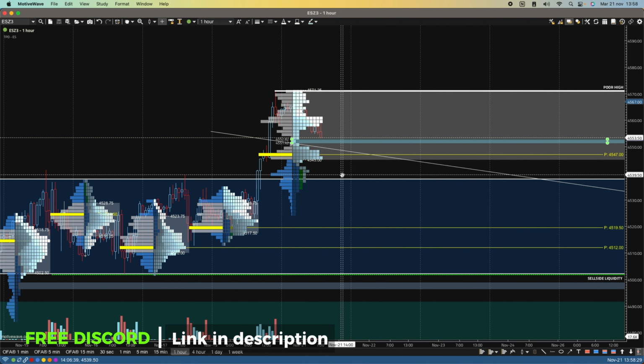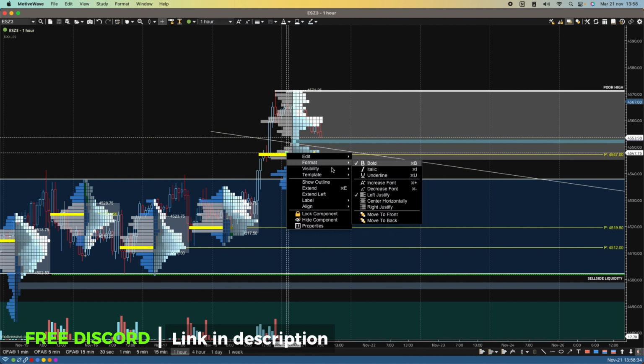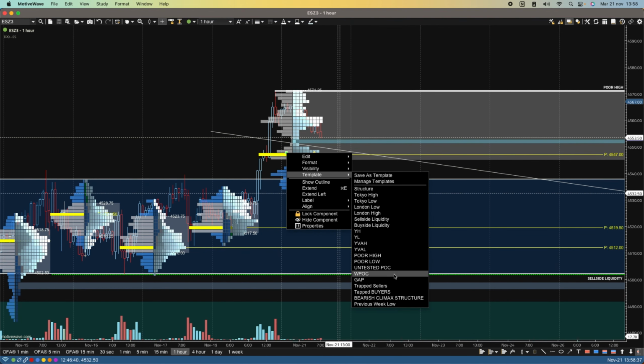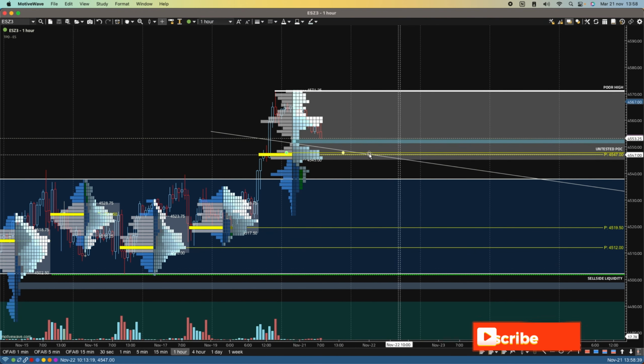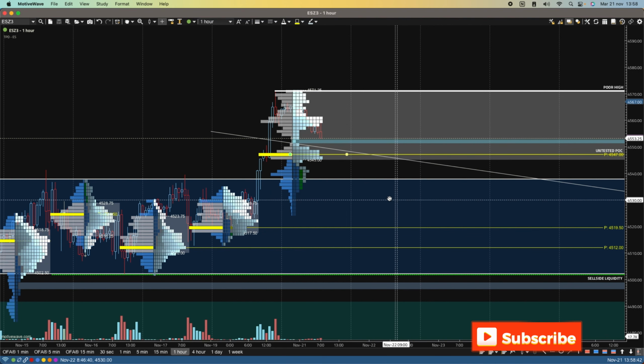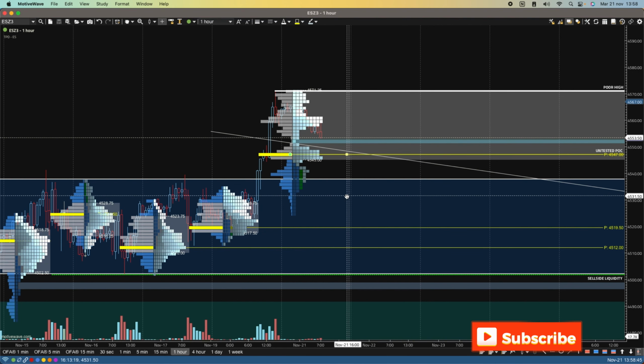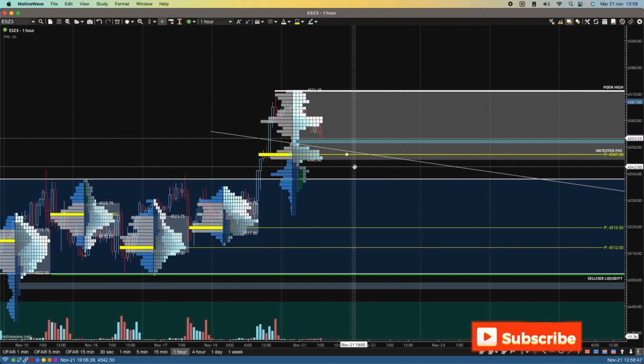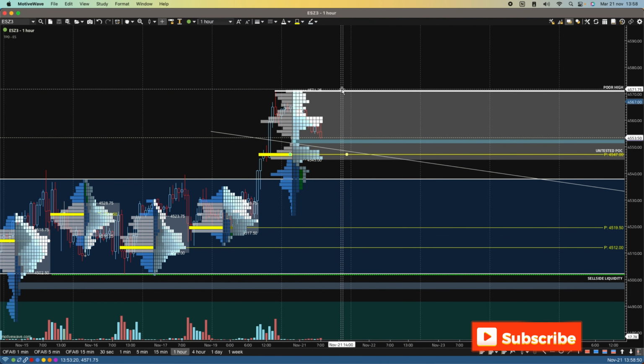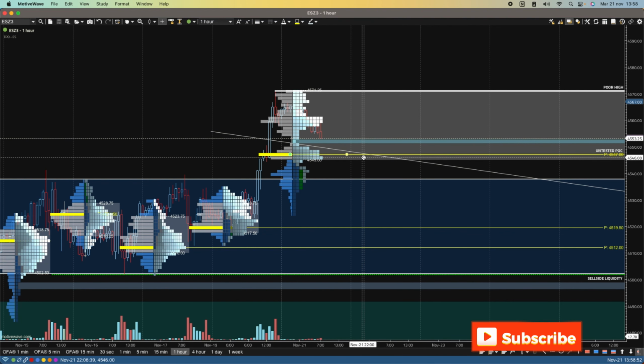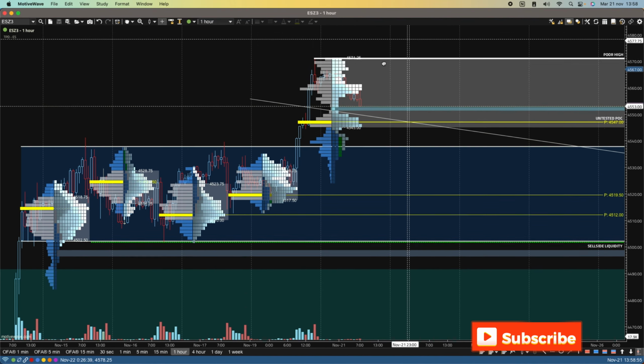And obviously the point of control of yesterday, which is this, and this is untested, so it's a naked point of control. Okay, these are all levels that could be good to keep an eye on.